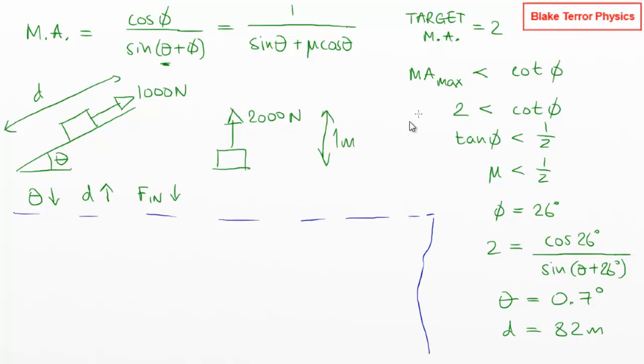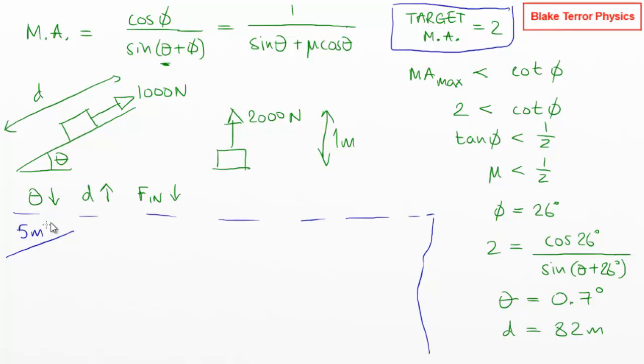So what if we've got another limitation? We've got this target mechanical advantage of 2, but we're there with a maximum slope of 5 meters. What if that is a limit? We're dragging something up a plank, but we've only got a 5 meter plank.